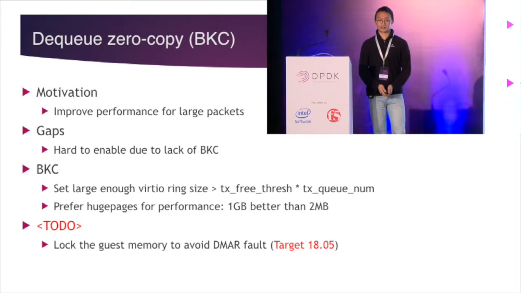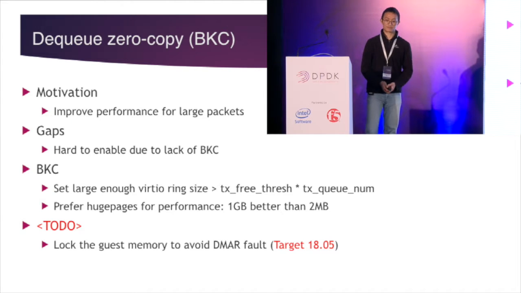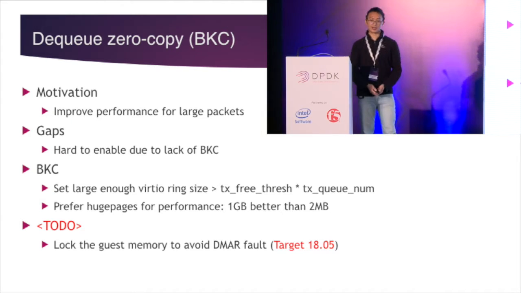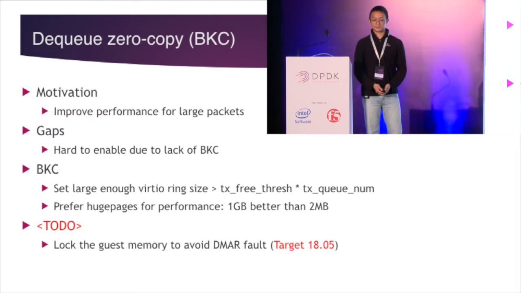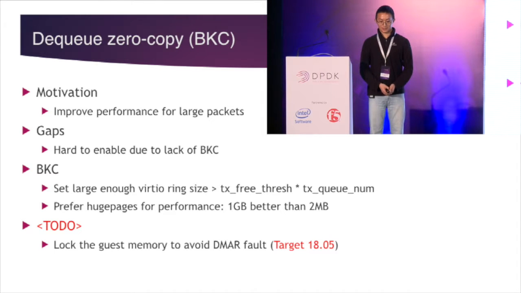So we want to eliminate at least one copy when we do virtual switching between inter-VMs or from VM to NIC. And the gap is that it's kind of hard to use without any baseline configuration, so I think we should provide some.